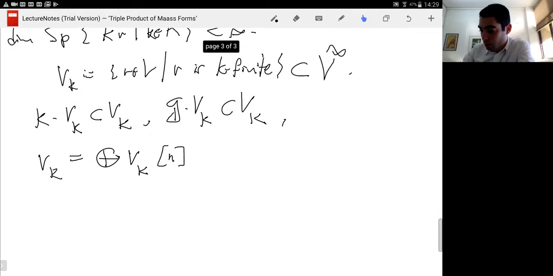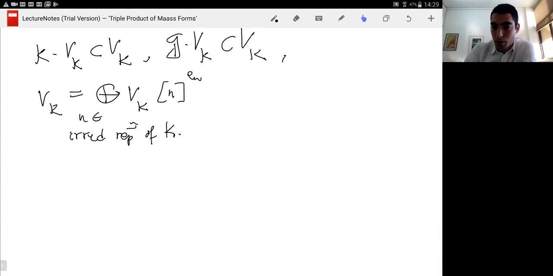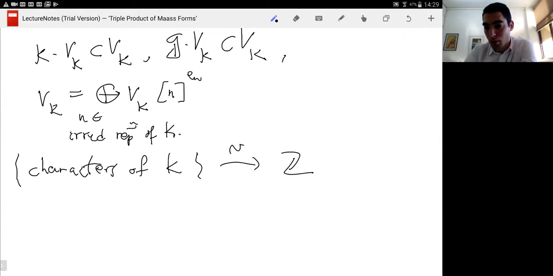Okay. And what is this n? So the parameter n runs over all the irreducible representations of K. Now, what can we say about those? Since K is compact abelian, these are just characters of K. Characters of K is the same as integers.